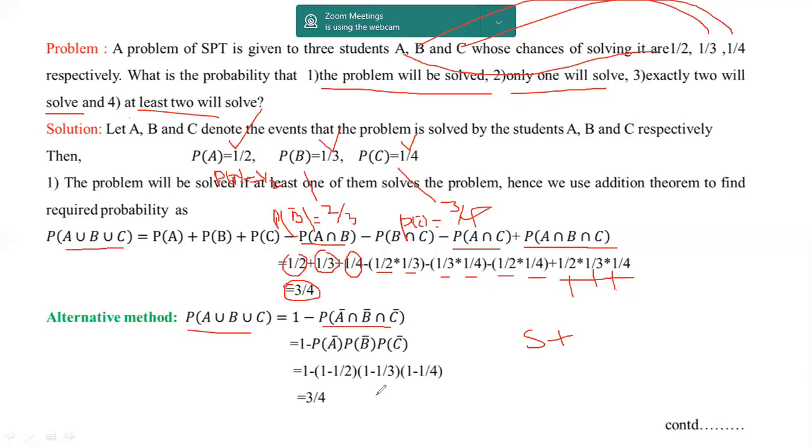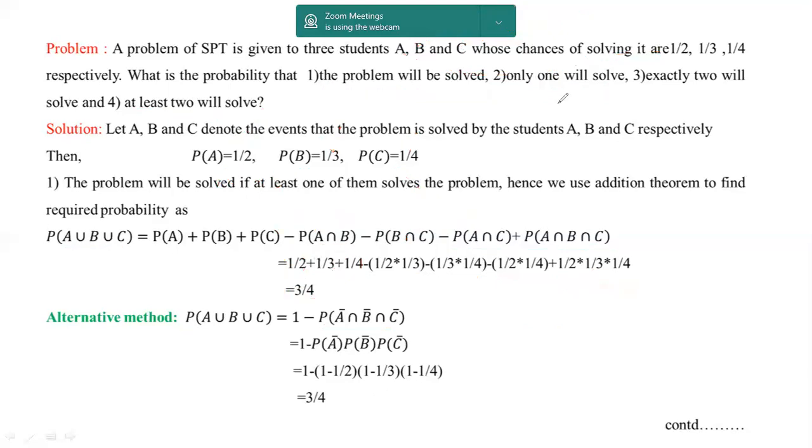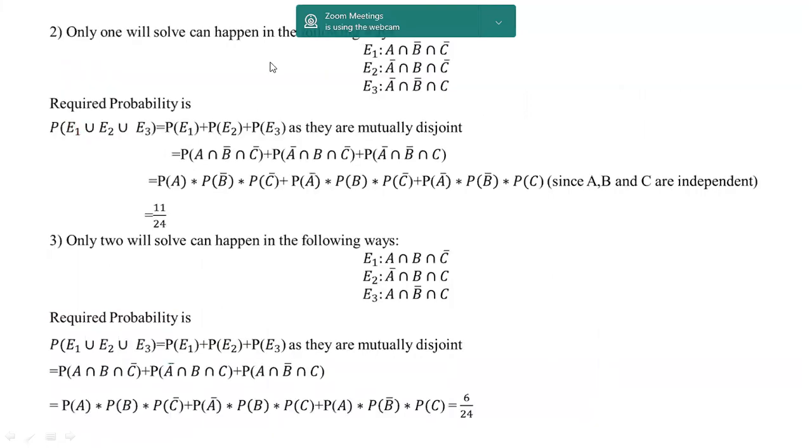In the next question, they asked us to calculate the probability that only one of them solves the problem, either A or B or C. In this question, there are three possibilities.